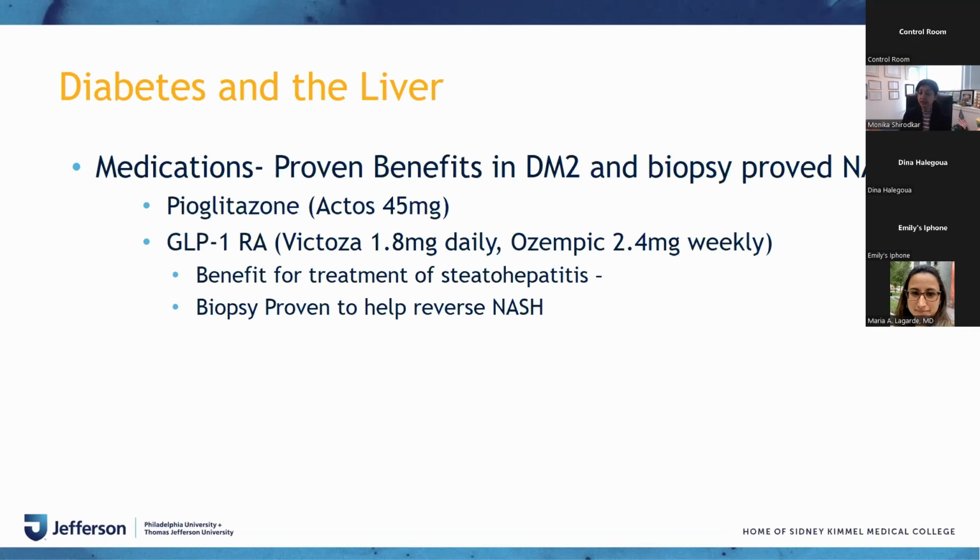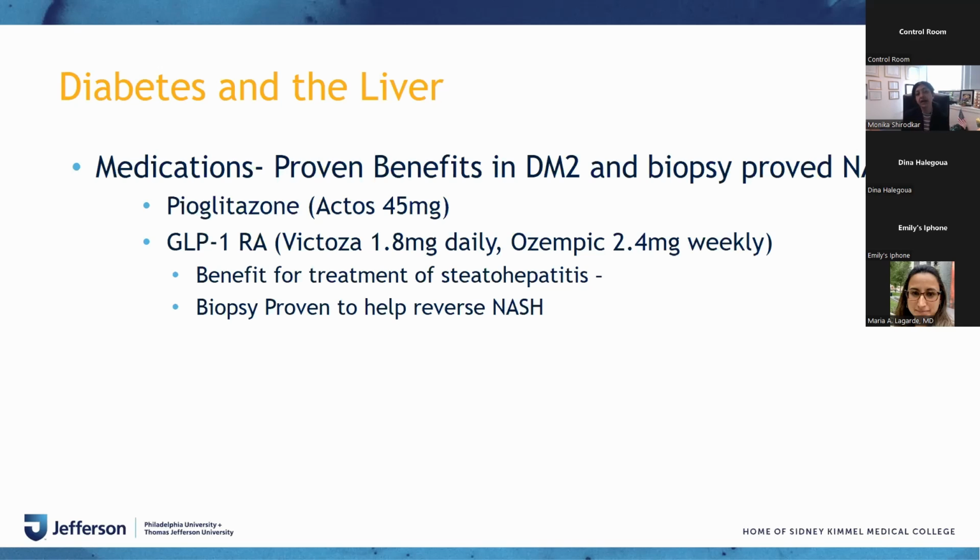So what are some of the medications that we know have proven benefits in type 2 diabetes and biopsy proven NASH? And this is important because NASH in itself doesn't have any medications approved that I'm aware of. And so really we just rely on these diabetic agents.